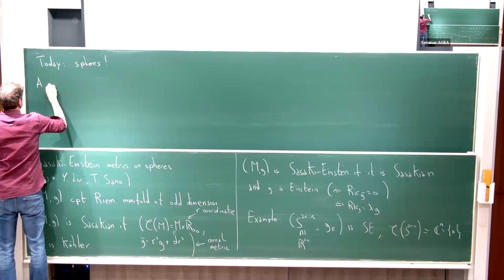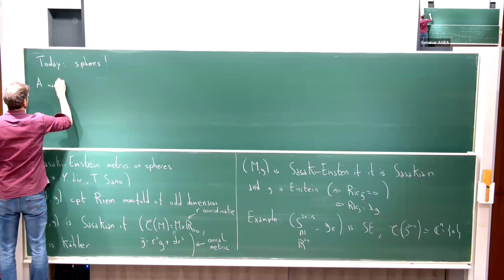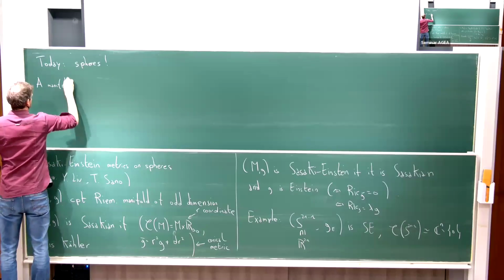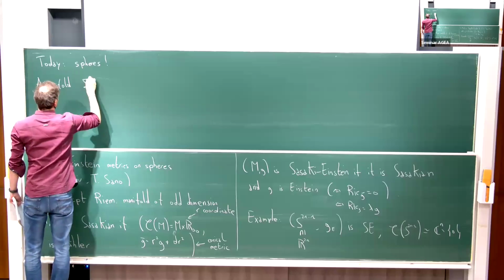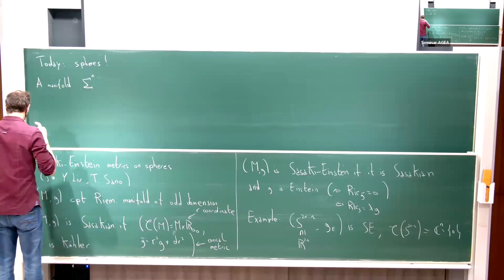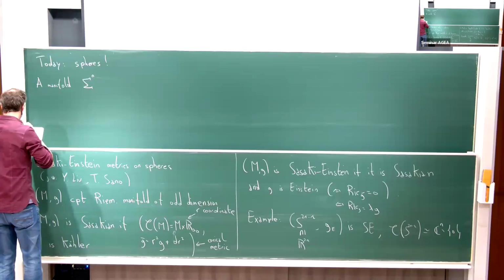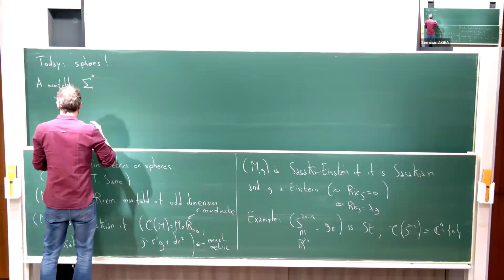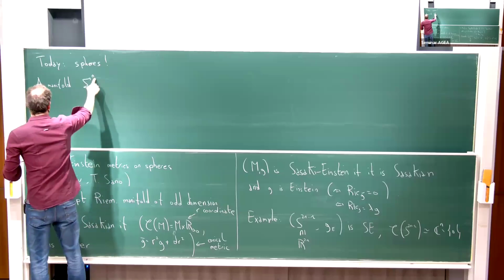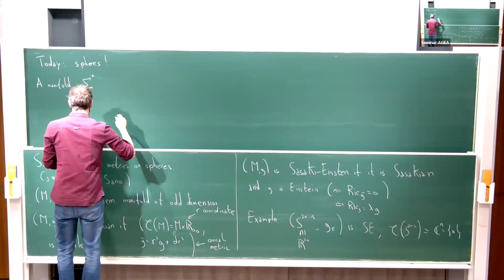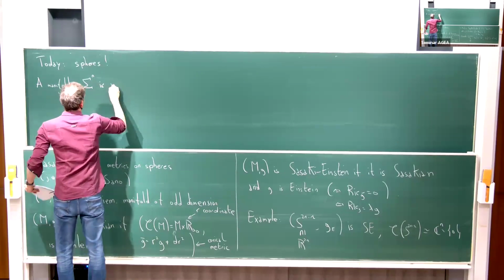So a manifold Sigma^n. I try to stick with the notation Sigma when I'm talking about homotopy spheres. So a real manifold of dimension n, Sigma, is a homotopy sphere.